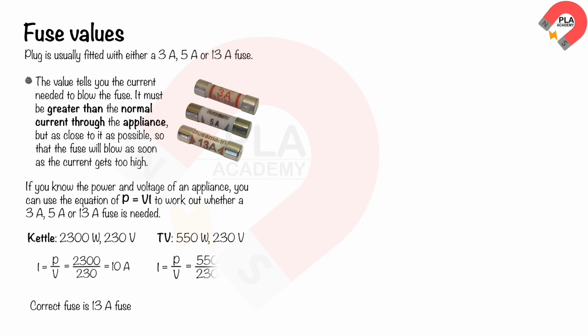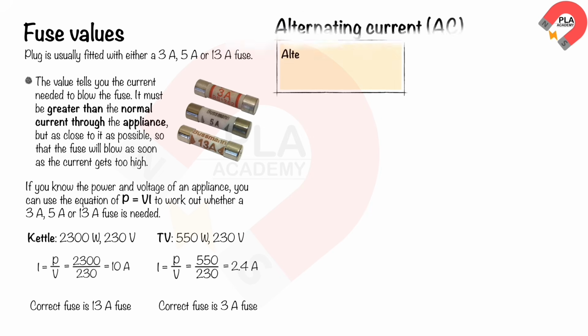Current equals power over voltage, equals 550 over 230, which is equal to 2.4 amperes. So, a 3 ampere fuse is needed. The TV would still work with a 13 ampere fuse, but if a fault developed, its circuits might overheat and catch fire without the fuse blowing.